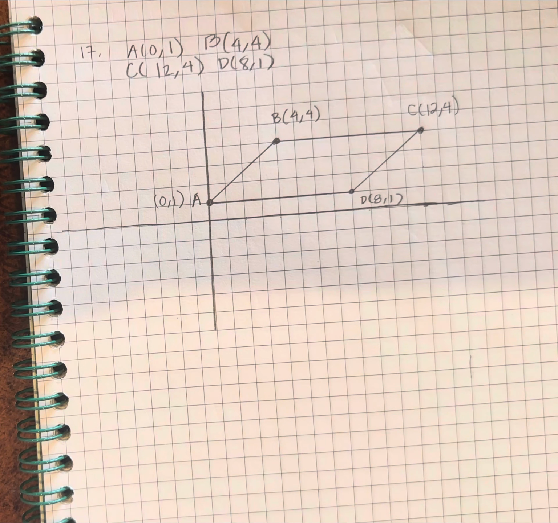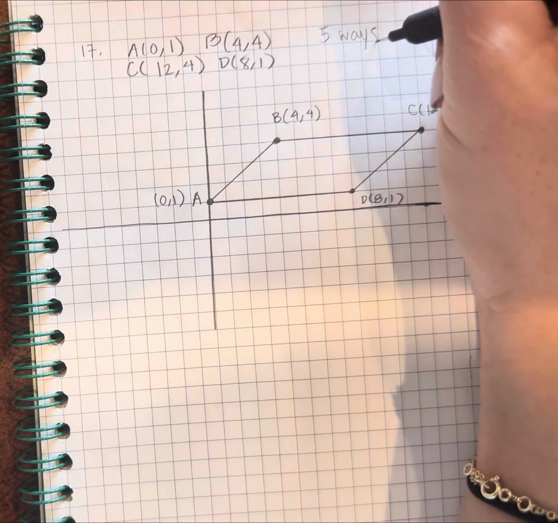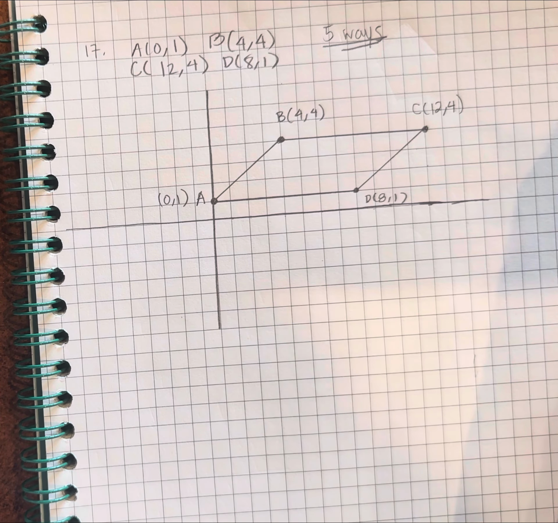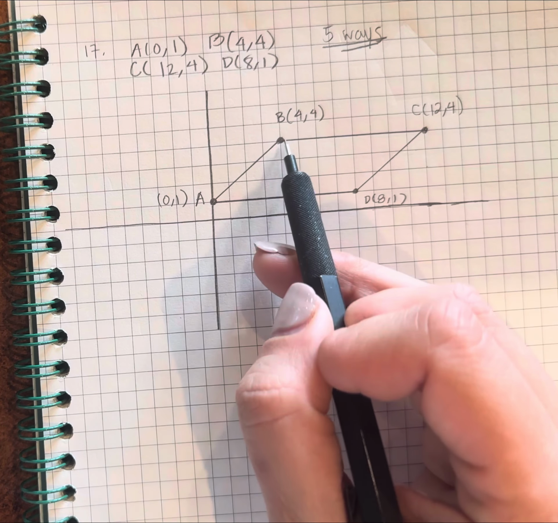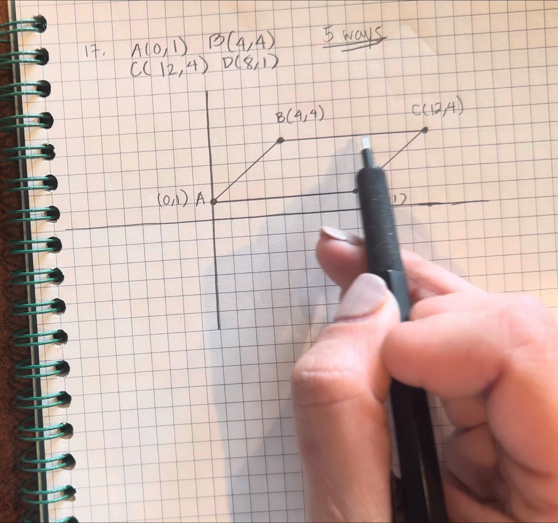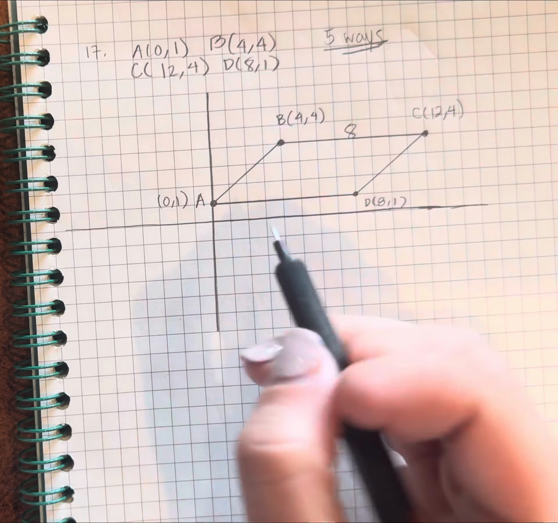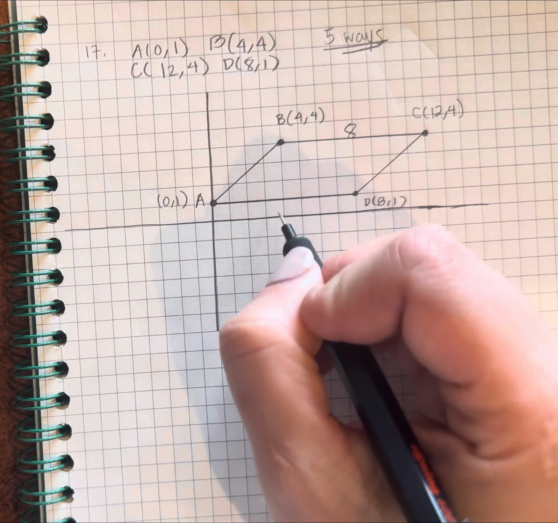Because if you remember, we have 5 ways to prove a quadrilateral is a parallelogram, and I'm going to choose the way that's the least amount of work for me. Looking here, I notice immediately that this is 1, 2, 3, 4, 5, 6, 7, 8 long, and this is also 8 long.